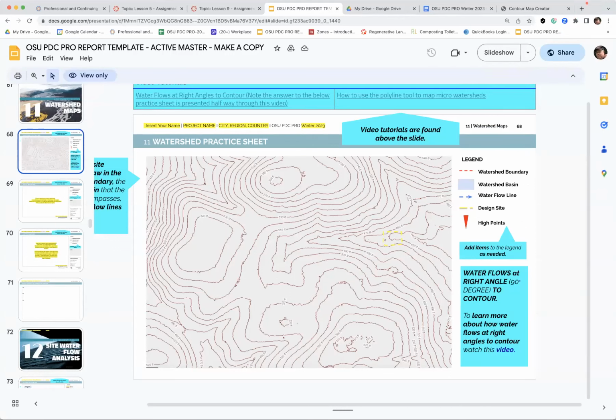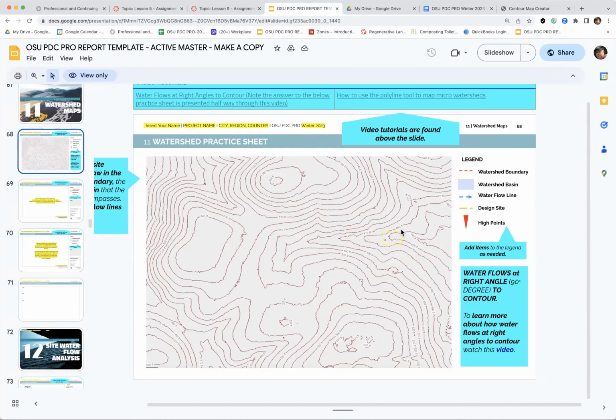What we'll do when we're figuring out our micro watershed is we'll first start at the lowest point in the project site. So that's down at this boundary here. And I'm just going to start drawing a line here. And then you can see right away, based on this contour information, these are 10-foot contours, that we have elevated lands above this corner here.